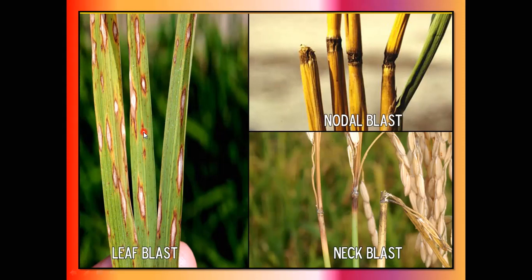These water soaked bluish green spots enlarge and form spindle shaped spots. Spindle shaped spots look just like a human eye.